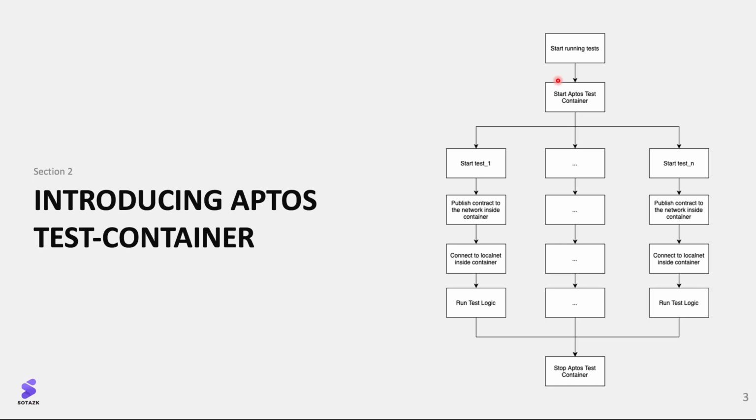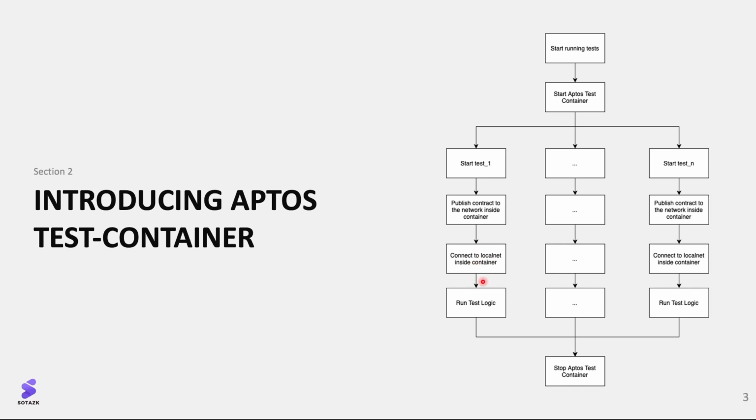Here's how it works. When running your test cases, it first spawns a local Aptos network inside a Docker container. For each test, the contract is published separately and the contract address is returned. A client instance is then created to connect to the local network inside the Docker container.